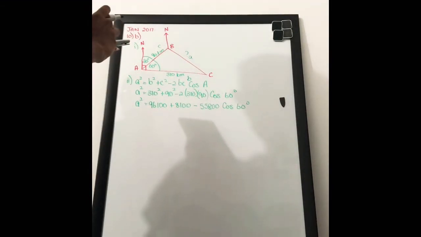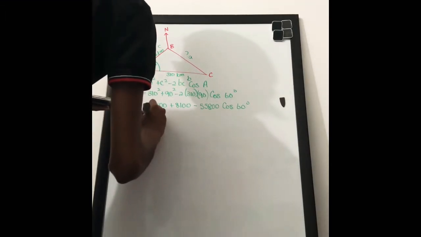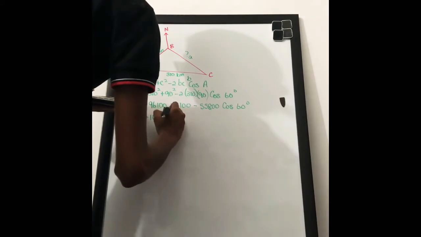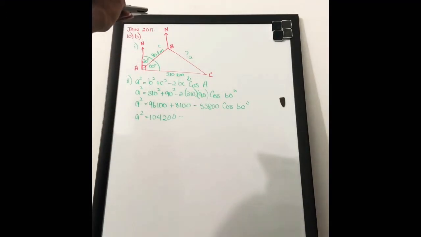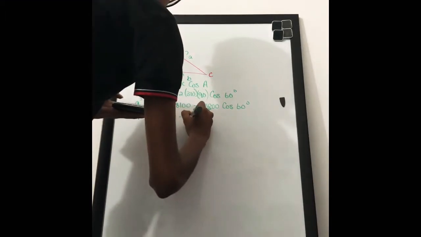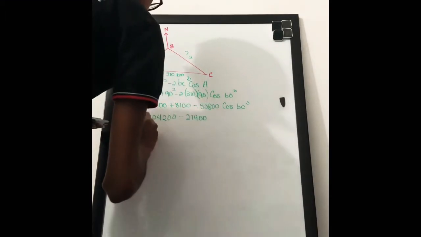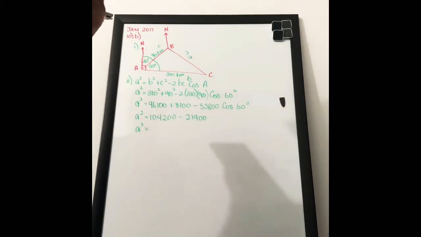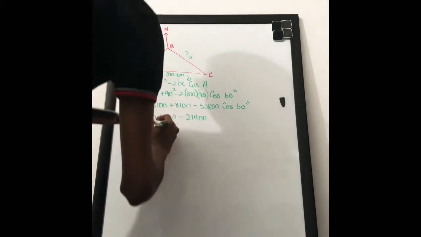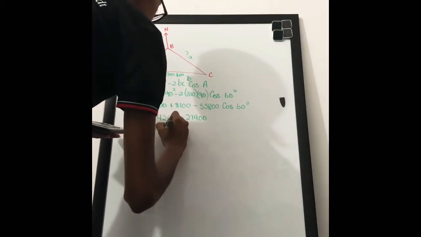So 96,100 plus 8,100 would give us 104,200 minus 55,800 cos of 60, which is 27,900. So A squared is equal to 104,200 minus 27,900. Right, so we have 76,300.